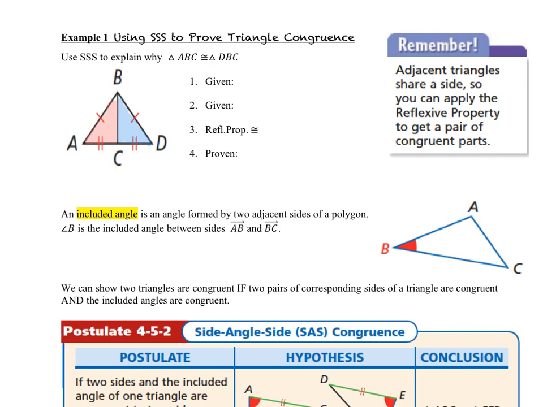So let's see what we're given first. Looking at my tick marks, I was given that side AB is congruent to side DB. I was also given that side AC, based on these tick marks right here, is congruent to DC.